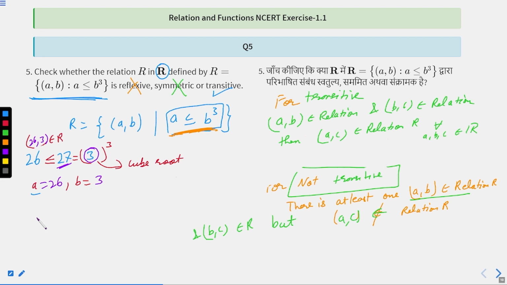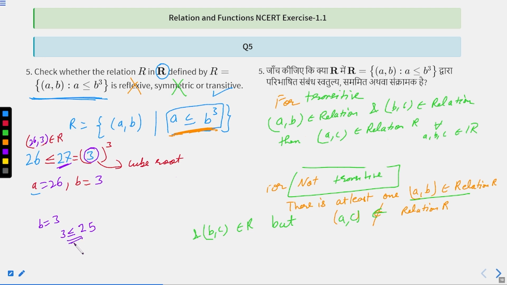Now, as b is 3, I know that 3 is less than or equal to 25.